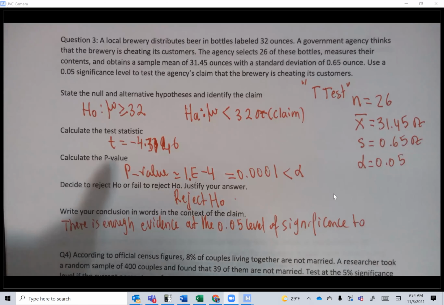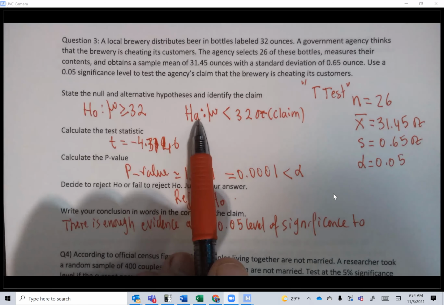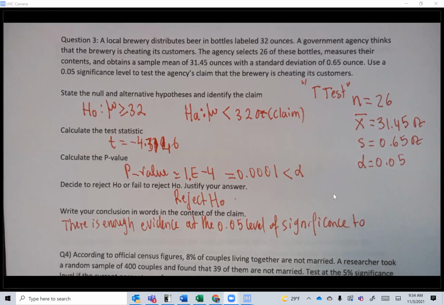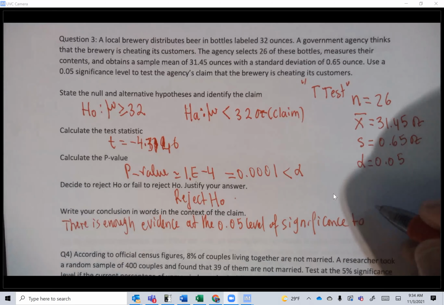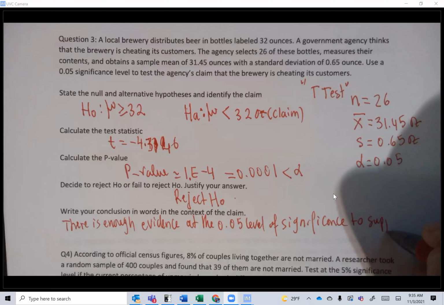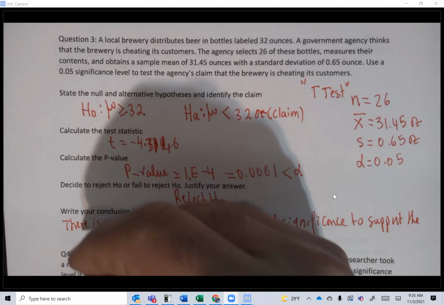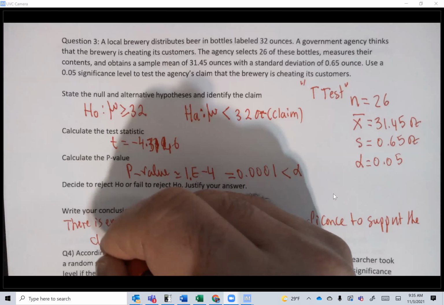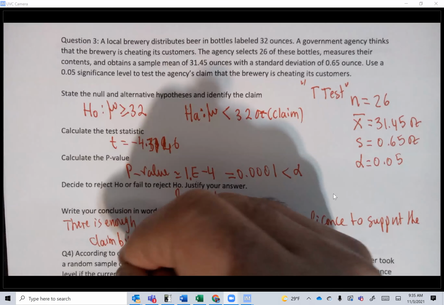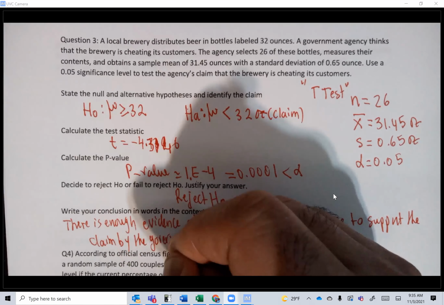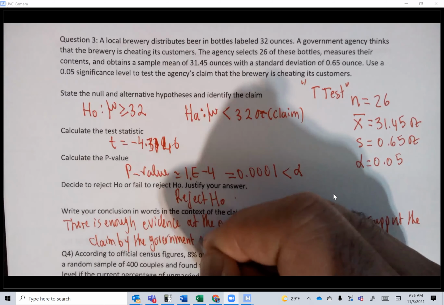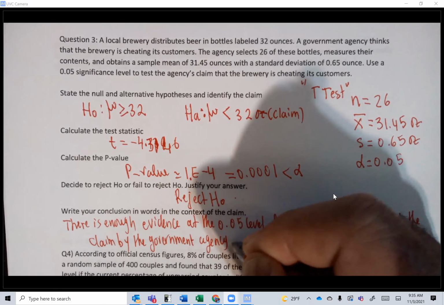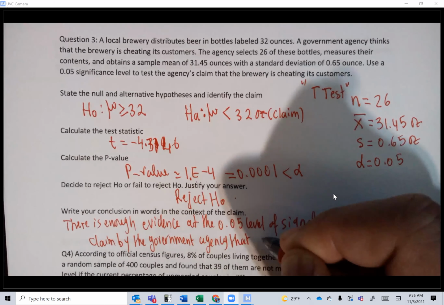Once you reject HO, guys, and the claim is in HA, you support the claim. That means your claim is good. To support the claim by the government agency that the brewery is cheating its customers.